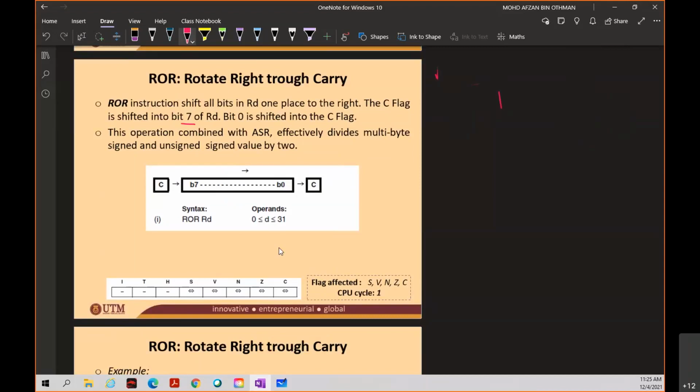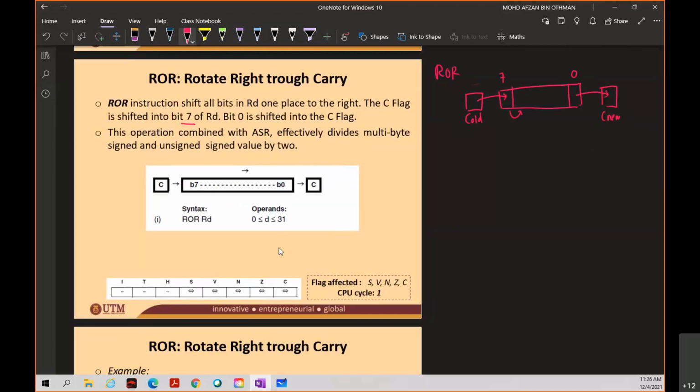So this is ROR, and this is your register, bits 0 to 7. You have two C flags here, one old and the other one C new. So what happens? C old will go to your bit 7, and the rest of the bits will be shifted to the right by 1 bit, while bit 0 will go to your C new.